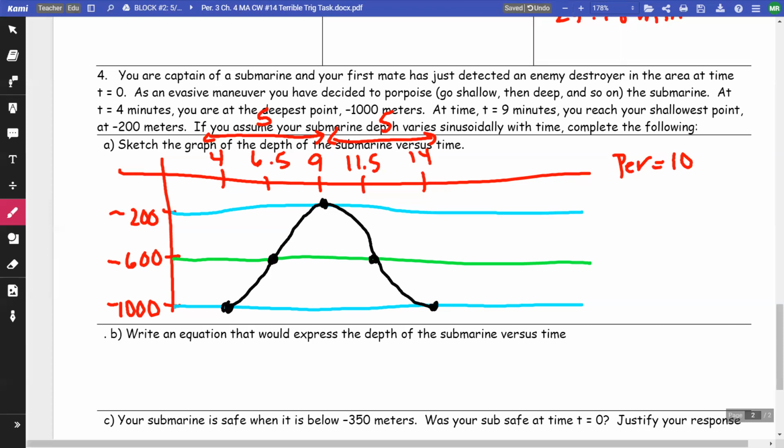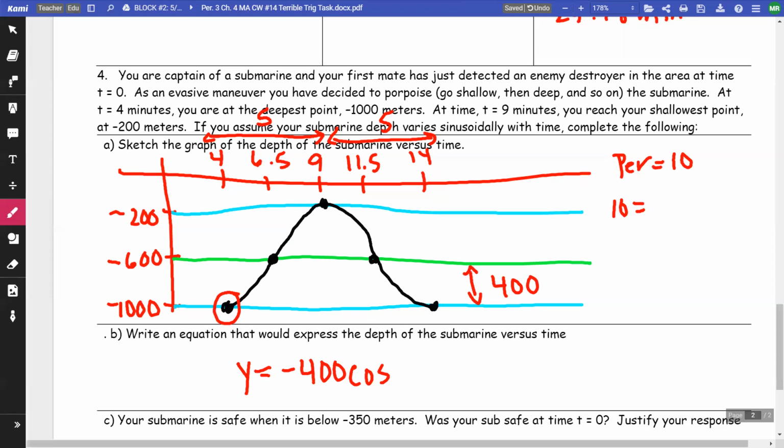Now we want to write an equation. So the equation I'm going to do is going to be a cosine. I'm going to start down here, so it's going to be negative. The distance from my blue to my green, that's going to be my amplitude, which is going to be 400. So I'm going to have negative 400 because I'm starting at a low. Cosine. My period is 10.